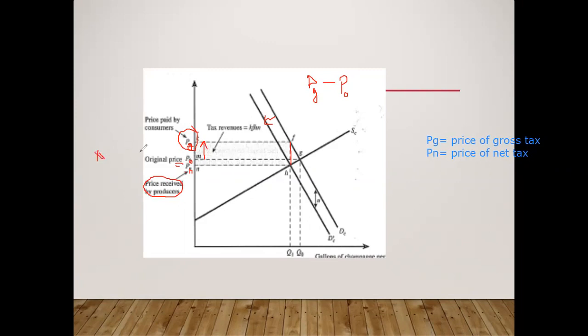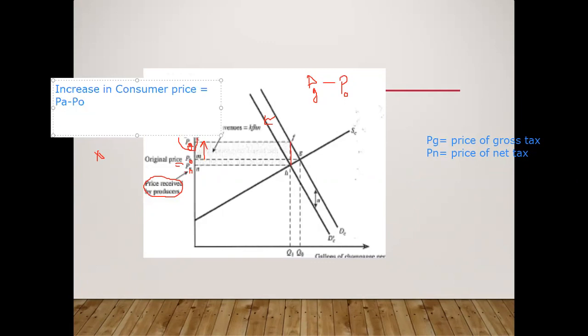is PG minus P0, and the decrease in the producer price is P0 minus PN, right?